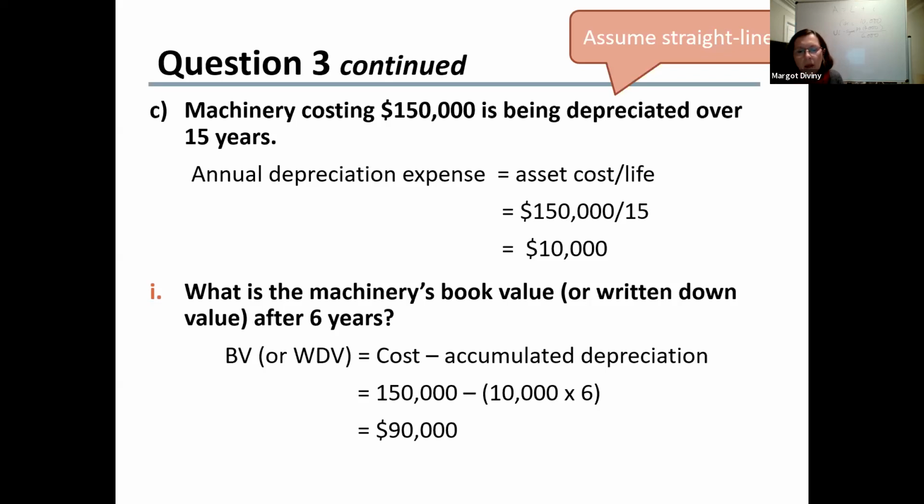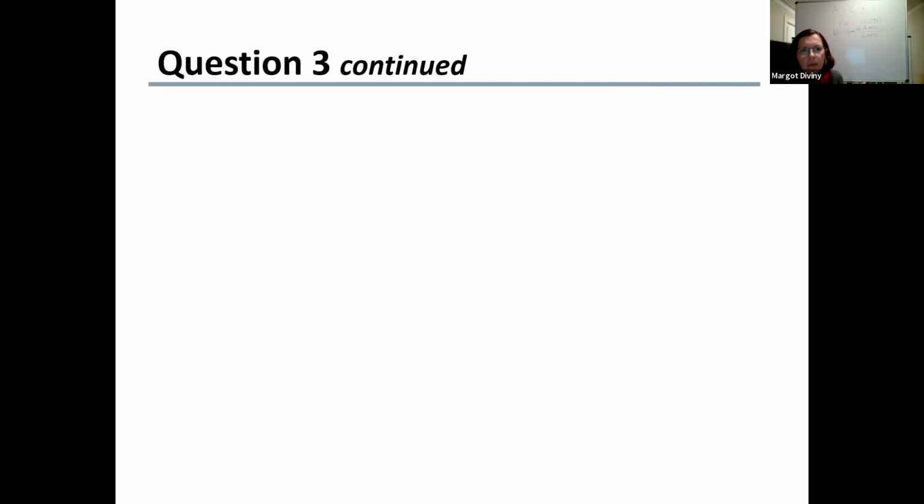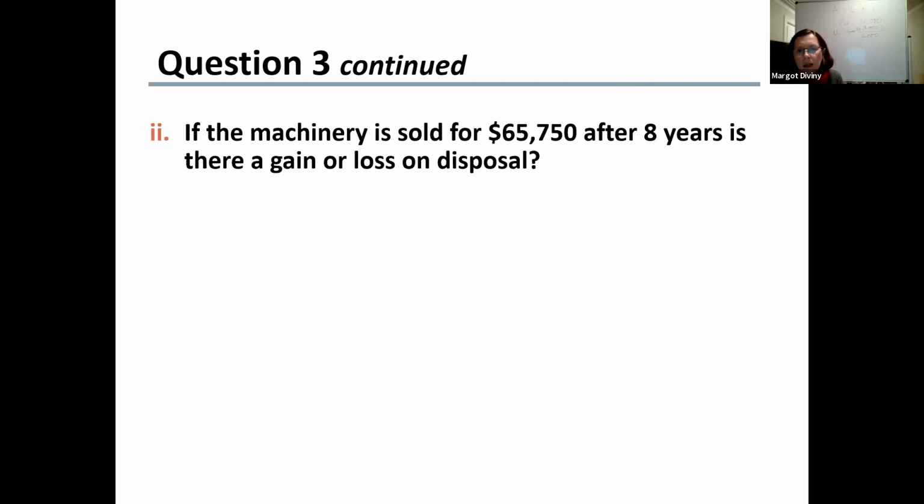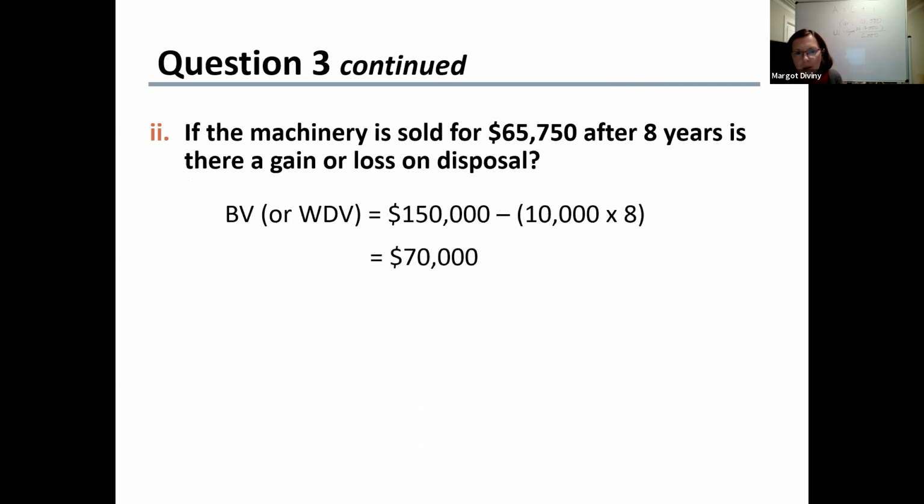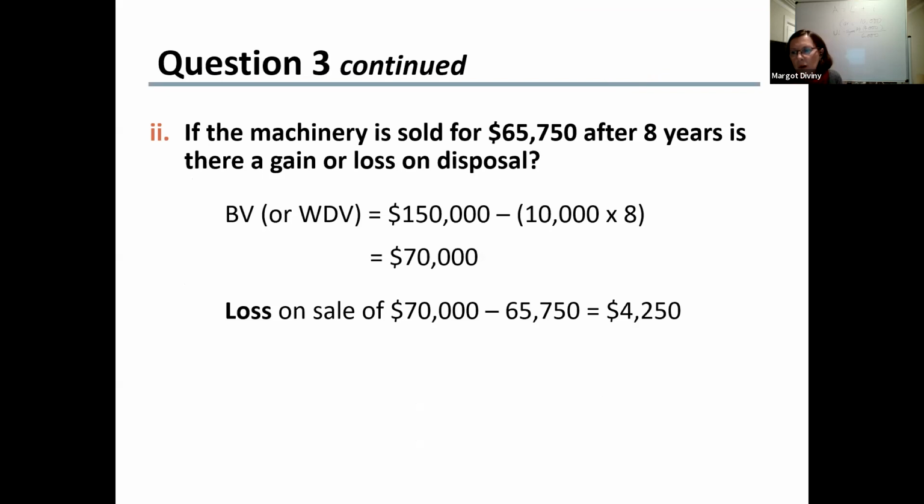You just work out the annual depreciation, work out how many years of depreciation you've had, and the book value or the written down value is now $90,000 after depreciation. Okay? And then following on from there, after 8 years, right, bought it for $150,000, 8 years of depreciation, it's worth $70,000. If you sold it for $65,750, then obviously you've lost $4,250.